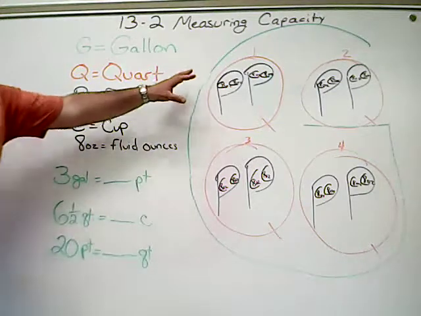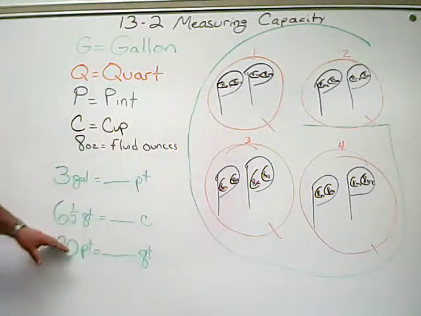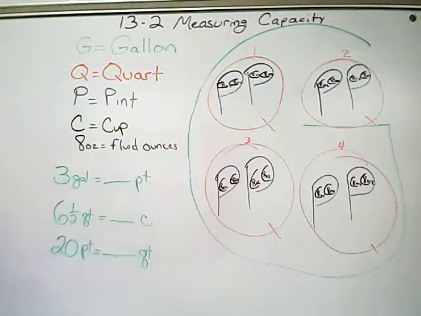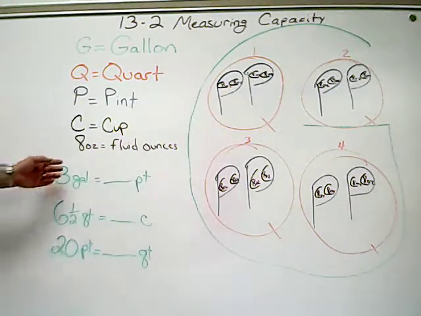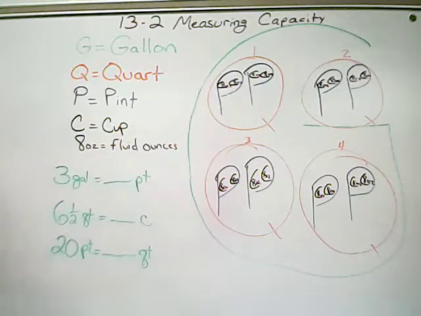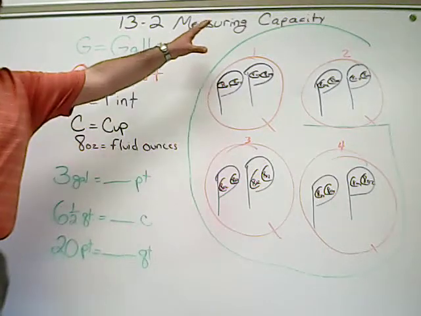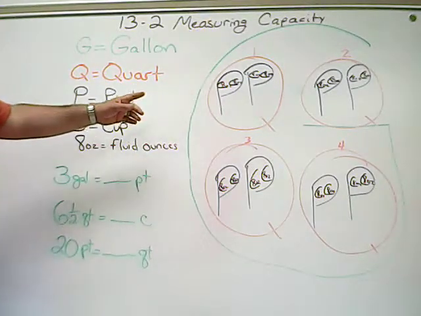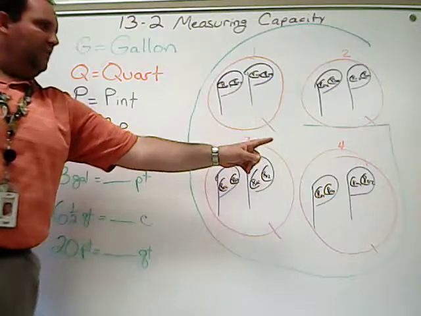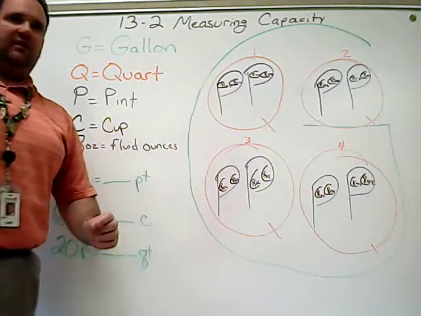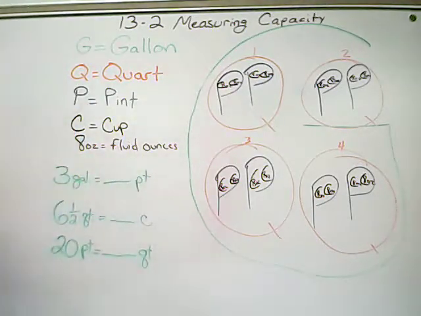We're going to use this today to help us figure out some conversions that I have listed here. So first, my first conversion says in 3 gallons, how many pints are there? Well, I'm going to use my visual aid here. 1 big G represents 1 gallon. Inside 1 gallon, I have 2, 4, 6, 8 pints. But again, I'm not talking about just 1 gallon. I'm talking about 3 gallons.